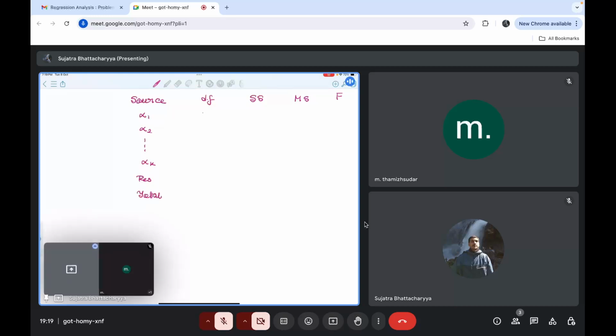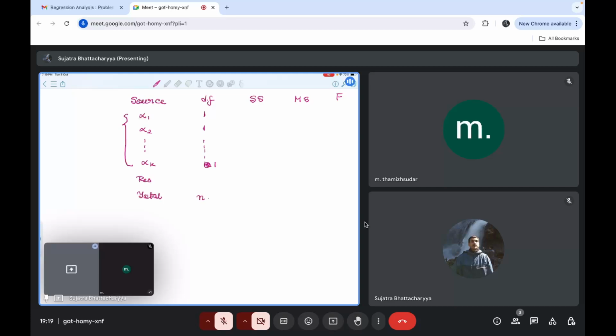Each regressor will have 1 degree of freedom. But for the residual, see, there are k regressors, so k degrees of freedom will be there.